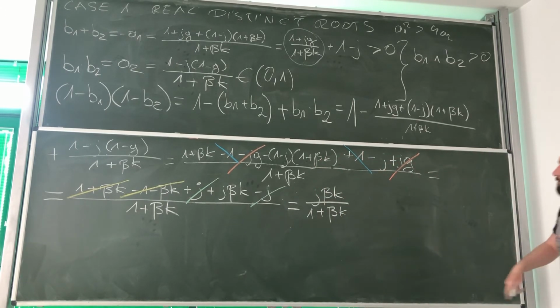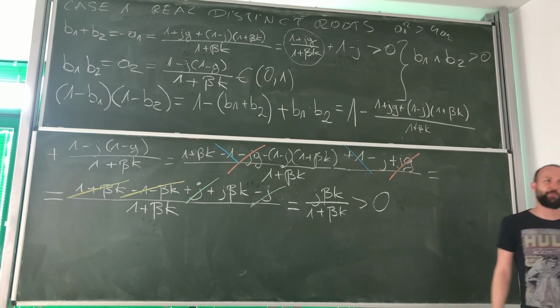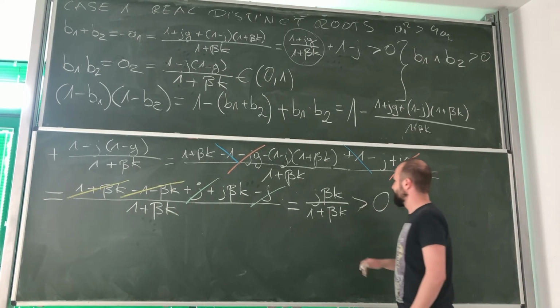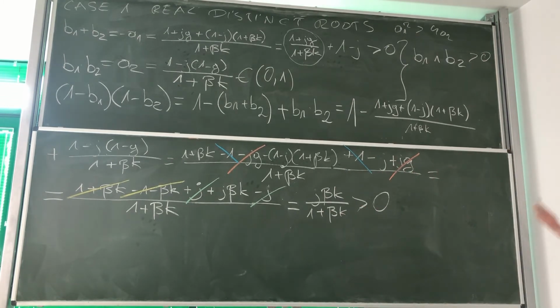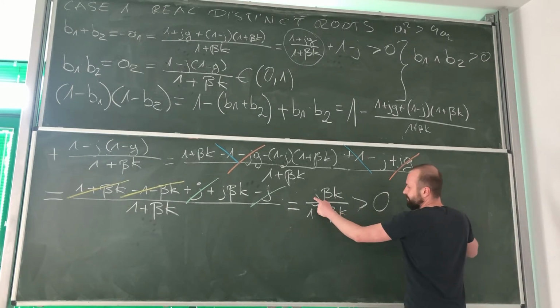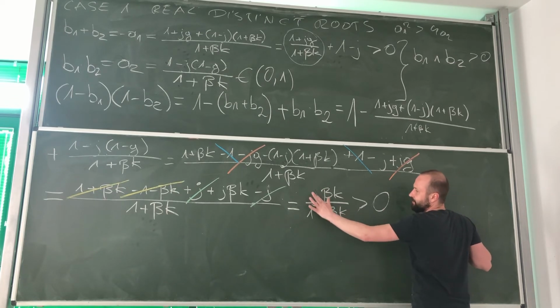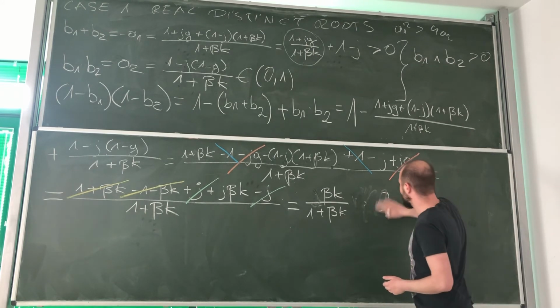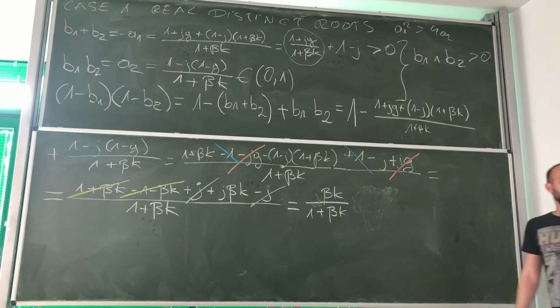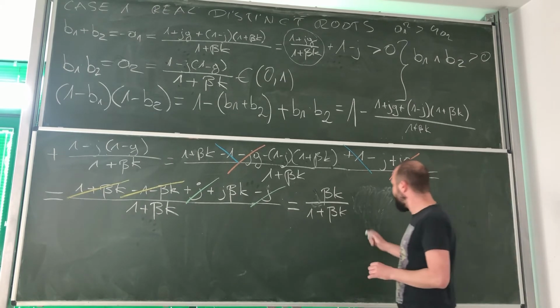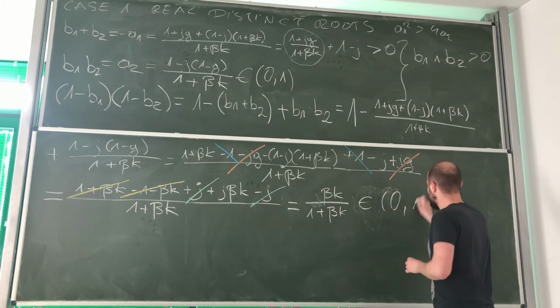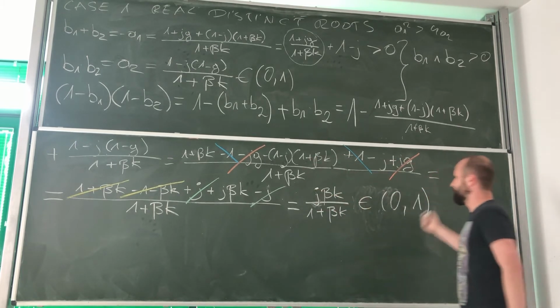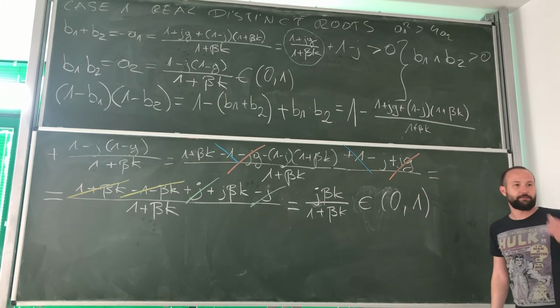Look, right away, we see that this is positive, right? All the components here are positive. Actually, within the assumption we are working with, we can tell even more. j at most can be 1, right? So we clearly see that as long as j is lower or equal to 1, this expression must be between 0 and 1.